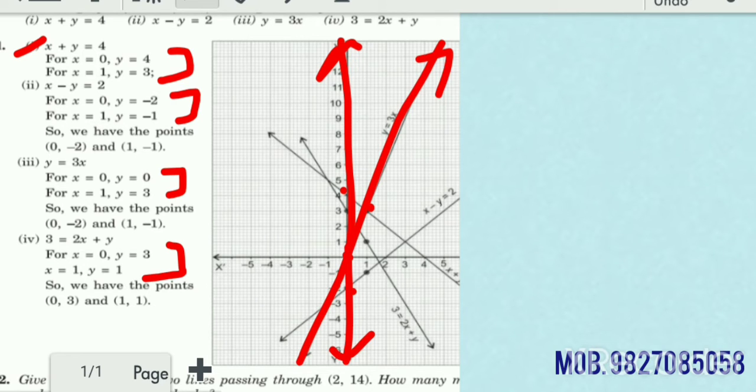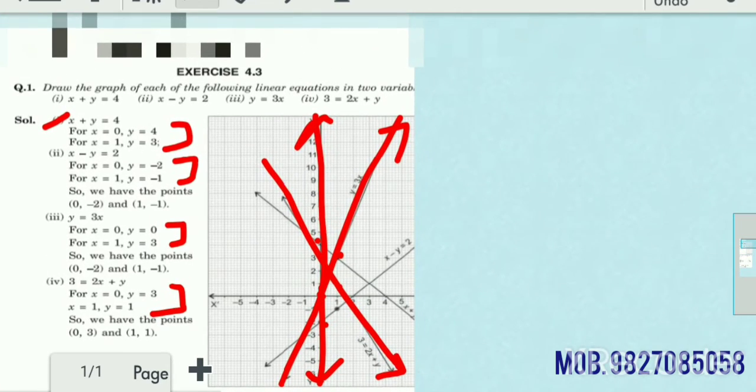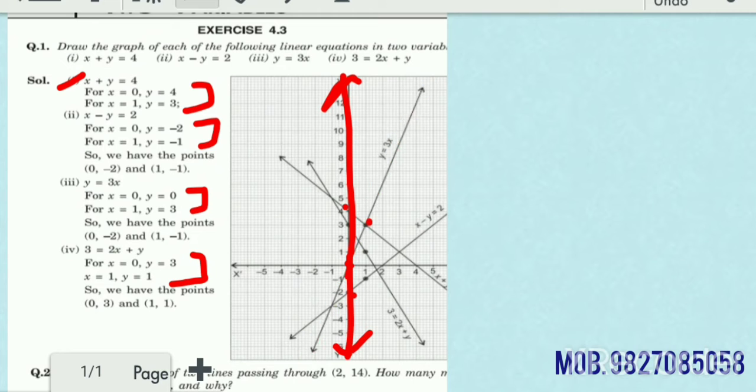Again for the fourth, x is equal to 0 and y is equal to 3, so this is here, and again x is equal to 1 and y is equal to 1, so this is here, so we get this type of line. Now same as equations 5 and 6, so here we are getting some lines on the graph that show the given equations.